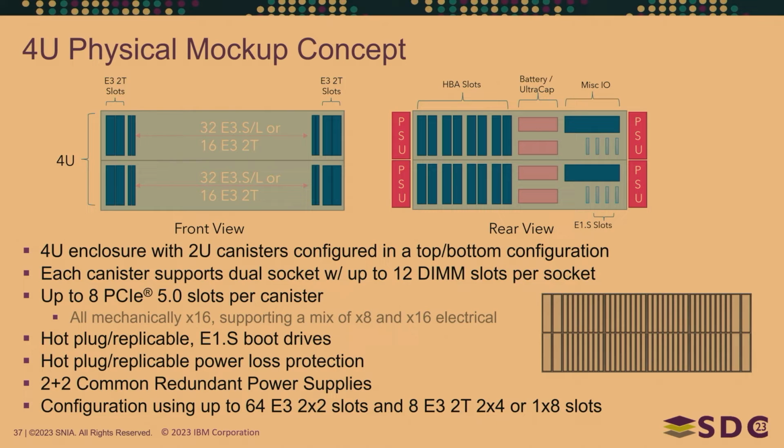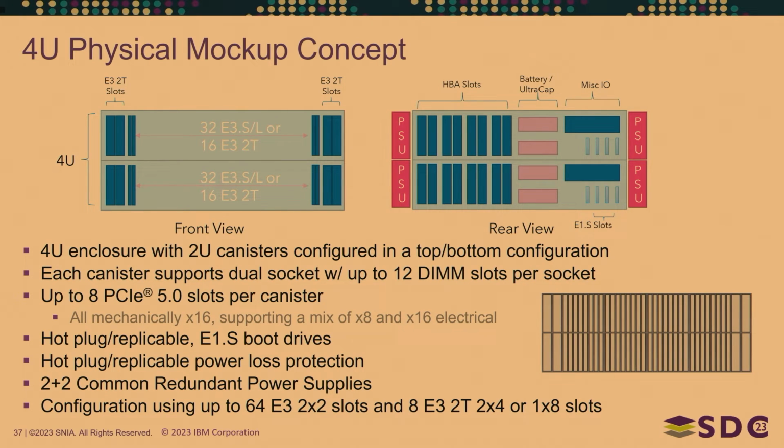And 4U, similarly, can use 2U canisters with a top-bottom configuration, and each canister would basically be a dual socket server with 12 DIMM slots per socket, and up to 8 PCIe slots per canister. So effectively, it looks very similar to just two 2Us stacked on top of each other, except you get a little bit more room for PCIe slots out the back.